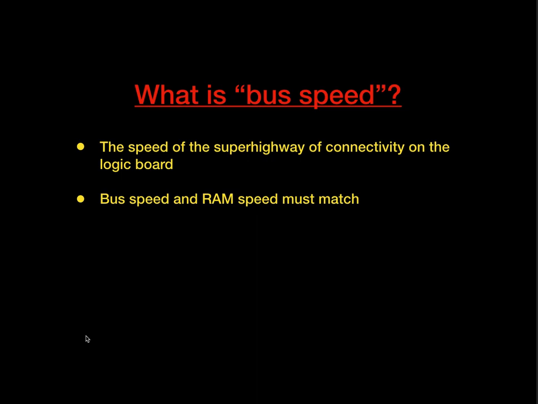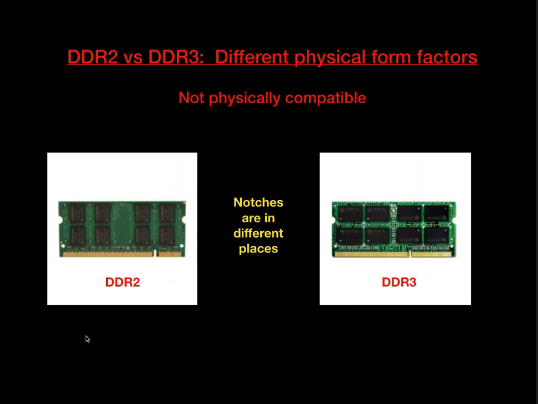It's the speed at which data travels on the logic board, like the speed limit of the data on the roads. And bus speed and RAM speed must match. You must have RAM, or at least one module of RAM, that matches the bus speed. Otherwise, you're going to have problems that I'll get into.